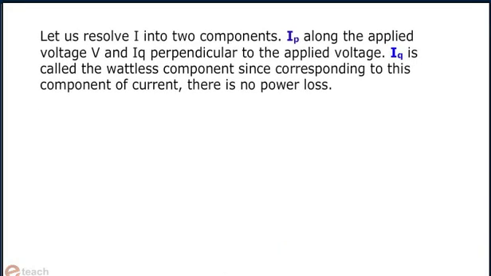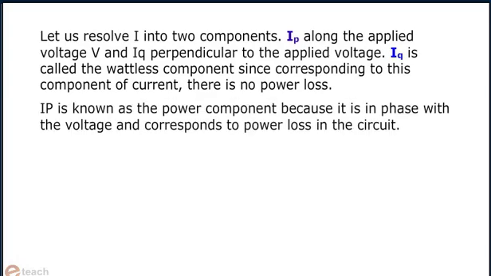Let us understand with the help of a phasor diagram how this can be achieved. Let us resolve I into two components, IP along the applied voltage V and IQ perpendicular to the applied voltage. IQ is called the wattless component, since corresponding to this component of current there is no power loss. IP is known as the power component because it is in phase with the voltage and corresponds to power loss in the circuit.